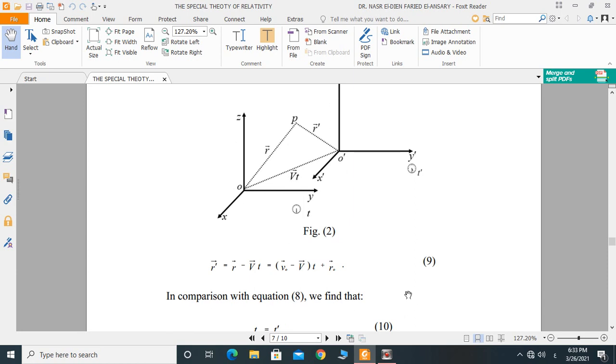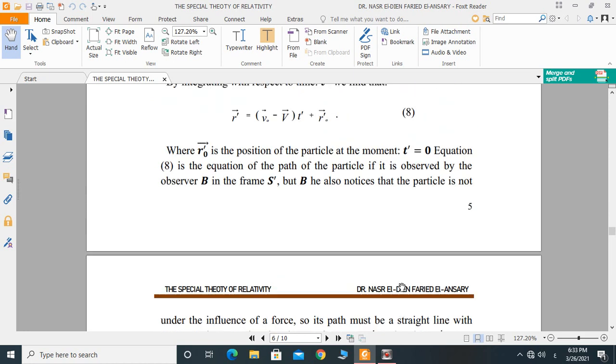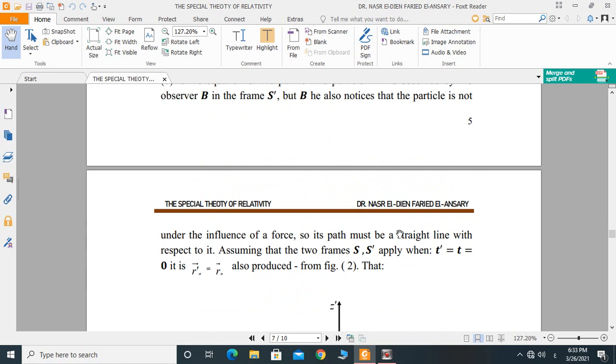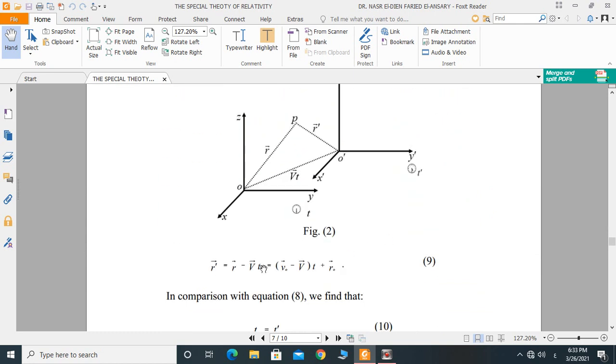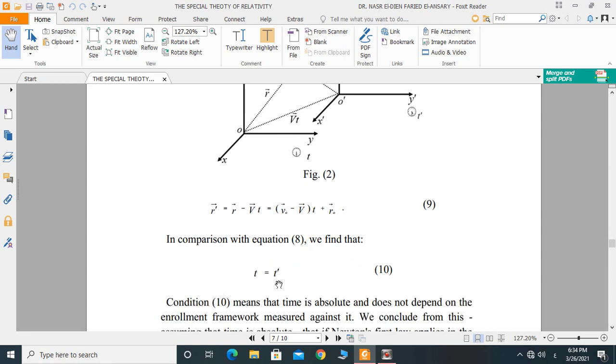By comparing equation 8 and equation 9, we find that t equals t dash.